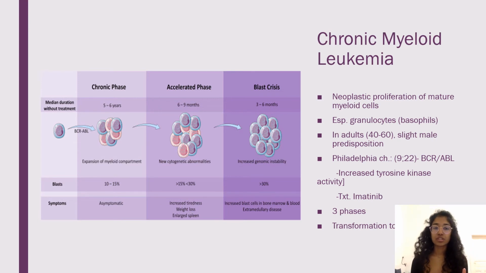And as a result of it being able to transform into both AML and ALL, it is concluded that the mutation is present at the level of the hematopoietic stem cell, which is at the very top, because that is what gives rise to your myeloid and lymphoid lineage. And in the case of transformation, you will see that splenomegaly and dragging feeling as a result of it, etc., will be present.